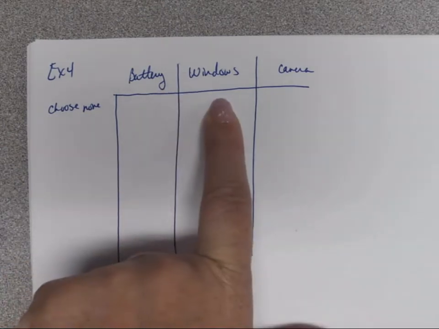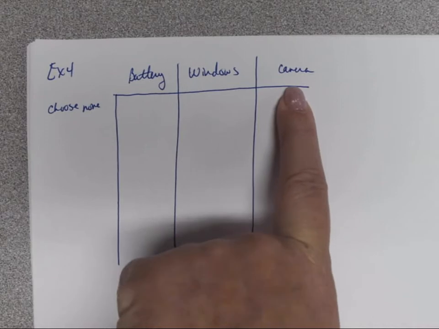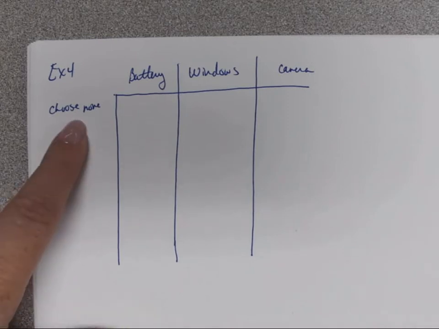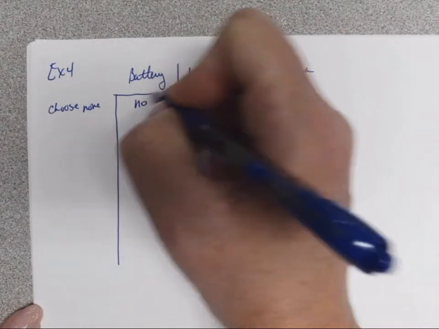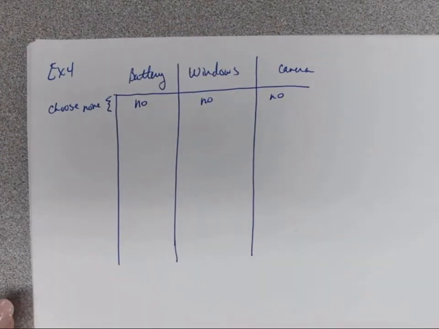It could come with windows, but not multiple windows. And it'll come with a camera, but maybe not a high resolution camera. So remember, these are particular things because they're all going to have those pieces. So if we're choosing none, that means this would be a no, and a no. So that would be choosing none.